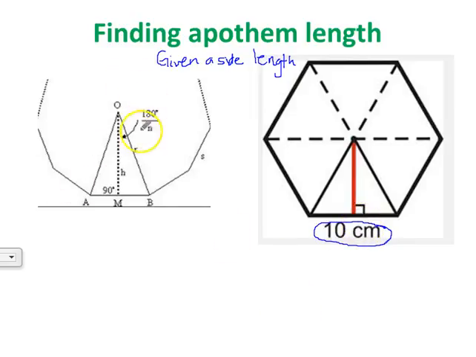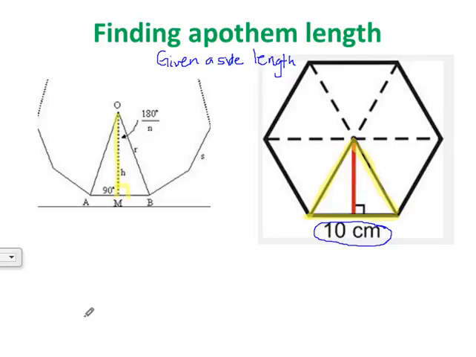If you look over here, I've focused in on this triangle that we have if we draw in our radii. If we draw in 2 radii, we've got this triangle, and the apothem is what we have in the middle there. So here's our apothem right here. It forms a right angle with the side of our polygon.